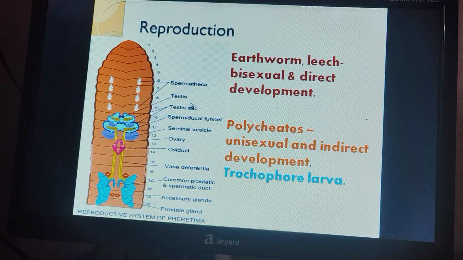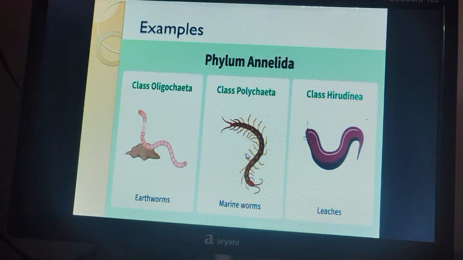So testis and ovaries are both present in a single animal. They are called hermaphrodites or bisexual animals, whereas the polychaetes are unisexual animals. Examples, I have already shown: earthworm, leeches, and Nereis, a polychaete.